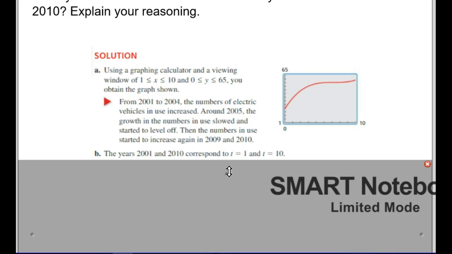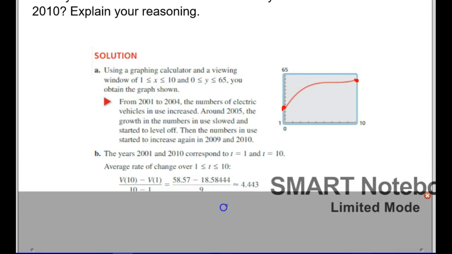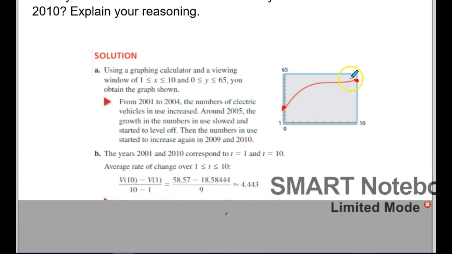So when I'm finding the average rate of change, I have to find this point right here and this point right here, the X and the Y. Here I'm given the X's, it's going to be 1 and 10. And then I can just use my graph. Remember, on Desmos, you can click on these points and find exactly where you want to be and find my average rate of change.